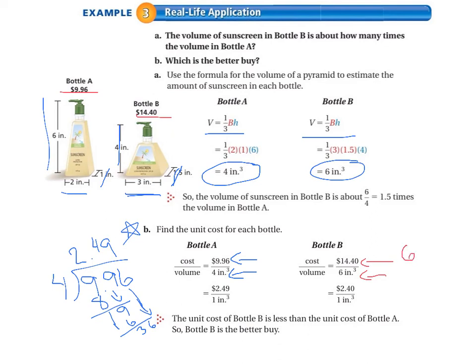So when I divide the bottom by 6, I get 1, and the top, six goes into 14 2 times. And we get $2.40 for every cubic inch. So the unit cost of bottle B is less than the unit cost of bottle A. So bottle B is the better buy.